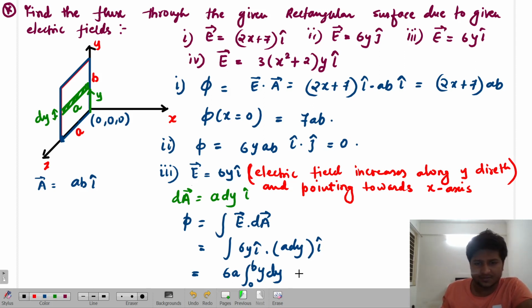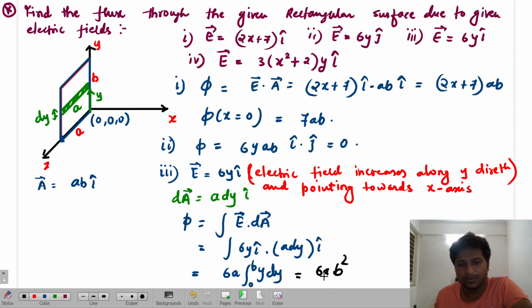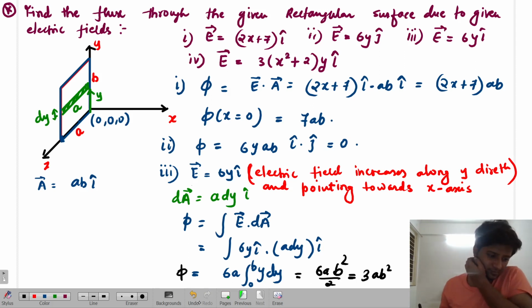So the answer will be 6a times the integration, which is y square by 2. So 6ab square by 2, which is equal to 3ab square. Got it? Is that clear or not?